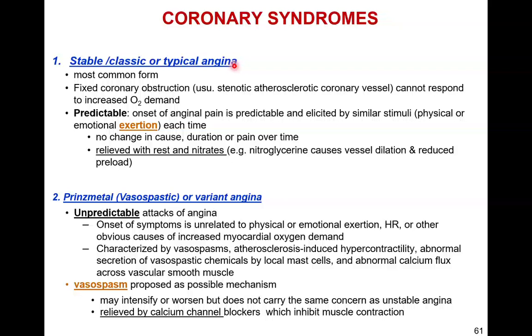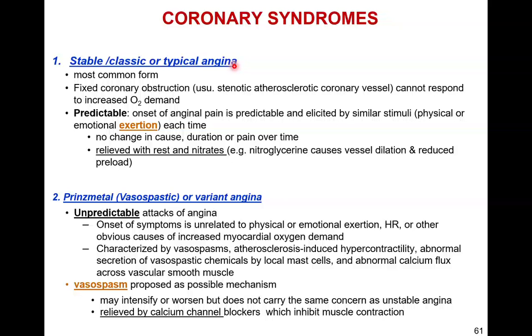Usually in this case, the person has some sort of a buildup. It's a fairly stable plaque, and that plaque is impeding the ability of the heart to respond to increased demand. What makes it stable is that it has a predictable onset, whether it's physical or emotional exertion.